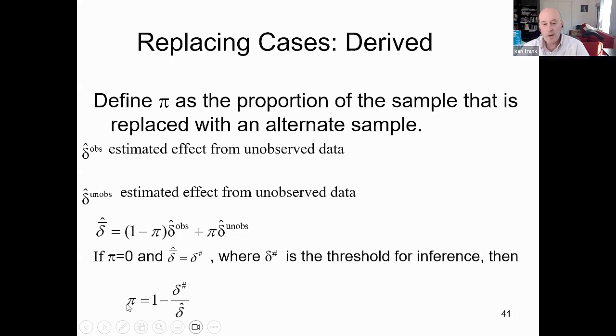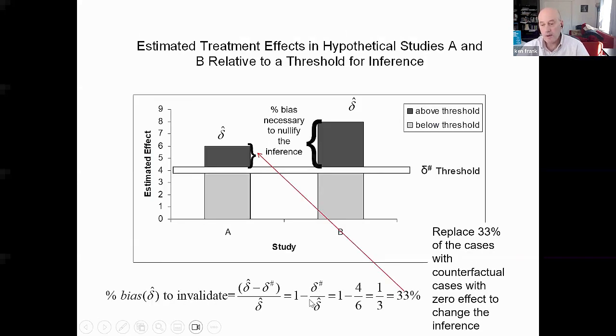You would find out that pi equals 1 minus the threshold value over the estimated effect. That's just a way of deriving the expression that we've got down here: the 33% of the cases that would have to come from these unobserved counterfactual cases to change the inference.